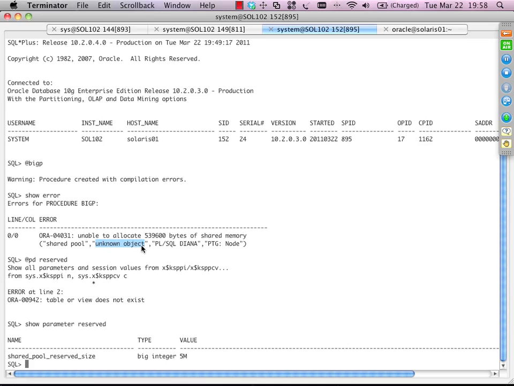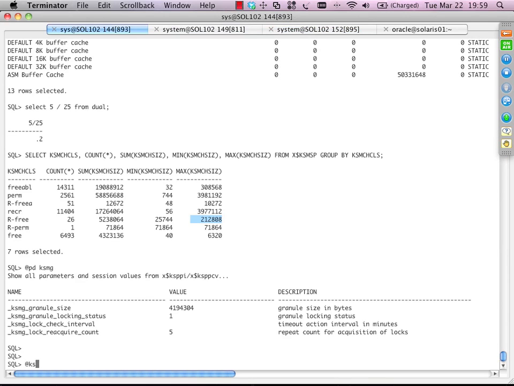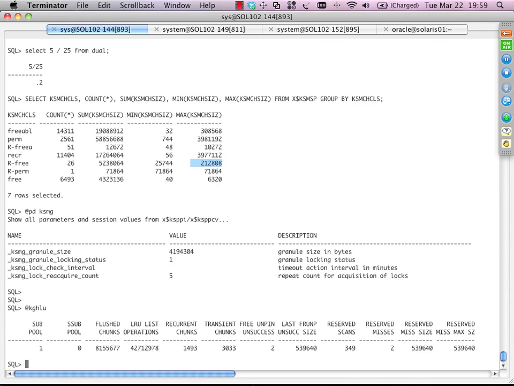Otherwise, we would actually be able to show you the beginning of the SQL text as well. But we already see that we want to allocate something from the PL/SQL Diana structure and some whatever that means. But we already see we needed that memory for PL/SQL. Very good. So whenever you see this, then you can use this KTHLU script.